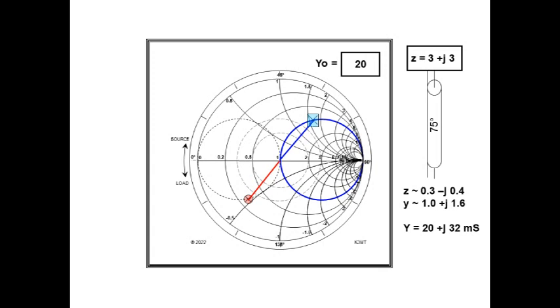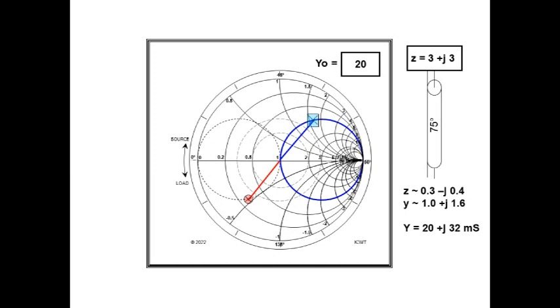We've changed to admittance mode, so the value of Z0 is replaced by Y0, equals to 1 over Z0. In this example, Y0 equals 1 over 50 ohms, or 0.02 mhos, now called Siemens. So Y0 equals 20 millisiemens.